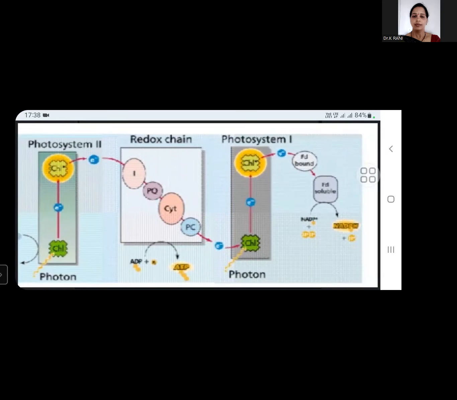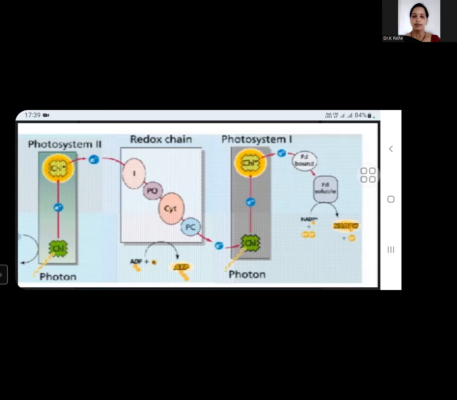Here it is indicated as FD bound and FD soluble. The reduced ferredoxin in turn reduces NADP+. For reduction of 1 molecule of NADP, 2 electrons are required, and these 2 electrons are provided by ferredoxin 1 at a time. Can you catch this point?